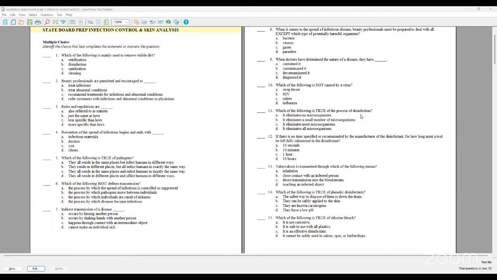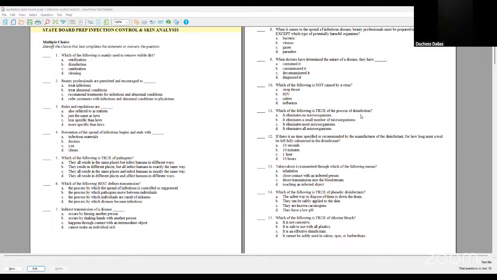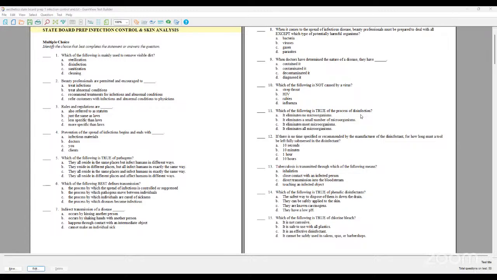If there is no time specified or recommended by the manufacturer of the disinfectant, for how long must a tool be left fully submerged in the disinfectant? We're talking about a wet sanitizer, a jar with the solution in it. Okay. So number 12, is it 10 seconds, 10 minutes, 1 hour, or 10 hours?